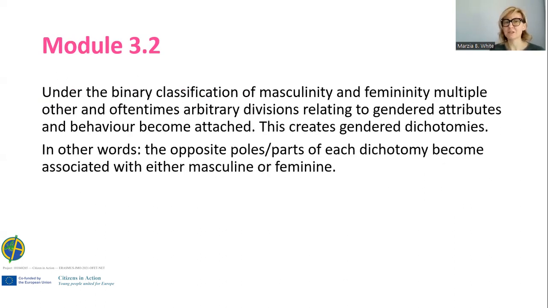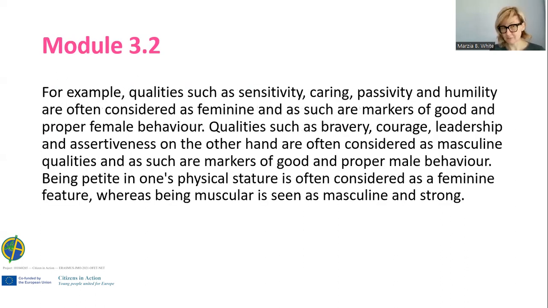Under the binary classification of masculinity and femininity, multiple other and oftentimes arbitrary divisions relating to gender attributes and behavior become attached. This creates gender dichotomies. In other words, the opposite parts of each dichotomy become associated with either masculine or feminine. For example, qualities such as sensitivity, caring, passivity, and humility are often considered as feminine and as such are markers of good and proper female behavior.